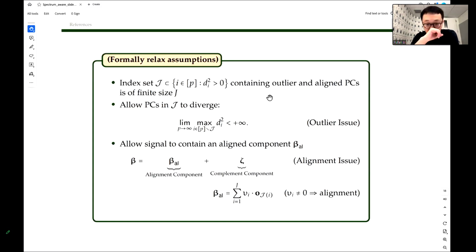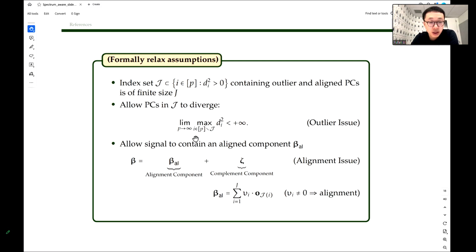So we formally relax these assumptions here by saying that there is a small set of problematic principal components, so that the principal components in this set can diverge. Everything else we assume does not diverge.